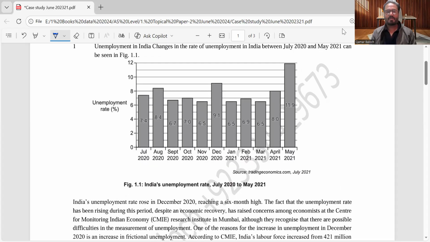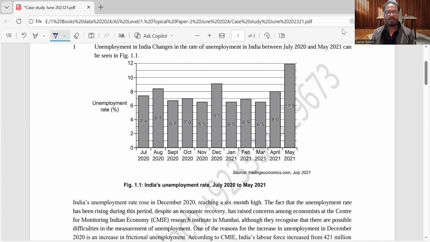The graph in the case study is really important, and you have to see what this graph actually shows. In this graph, we have the unemployment rate on Y and the timeline on X. The years start from July 2020 and end at May 2021. This data is relevant to India's unemployment rate from July 2020 to May 2021.